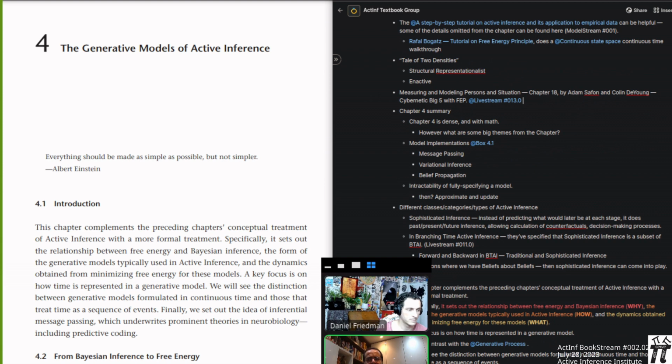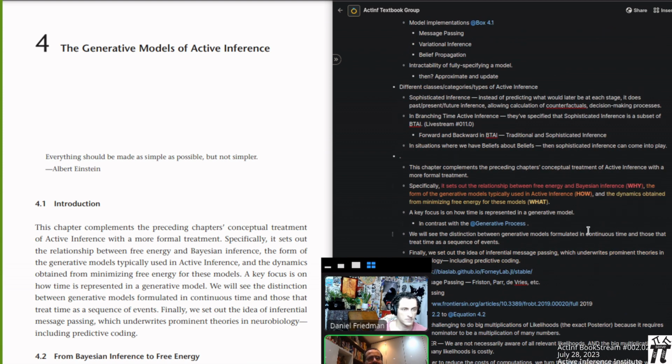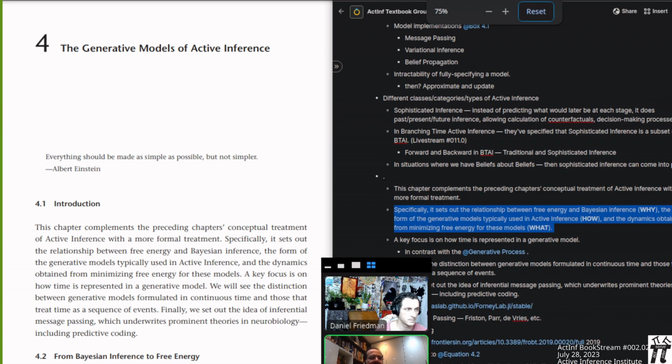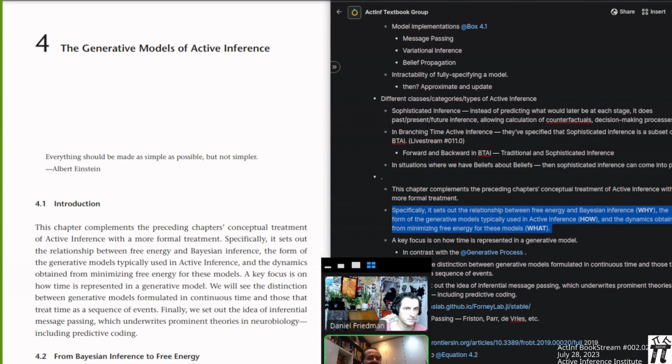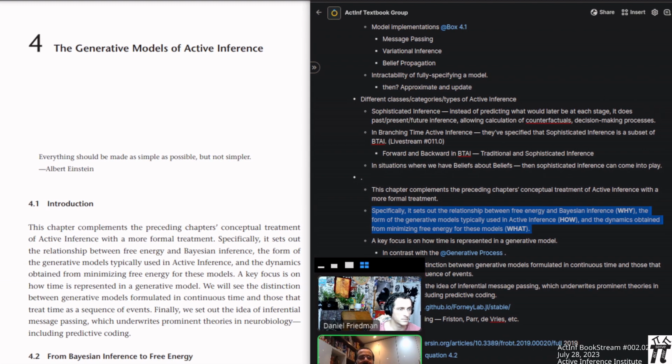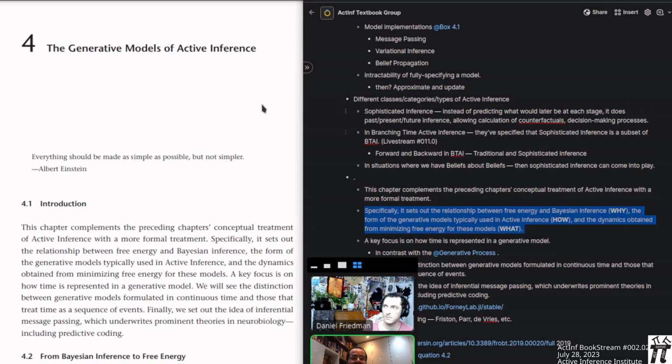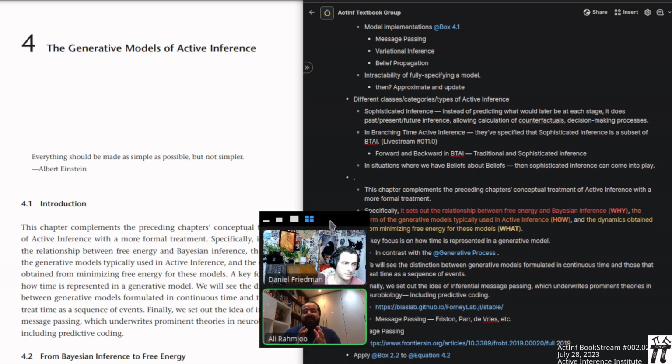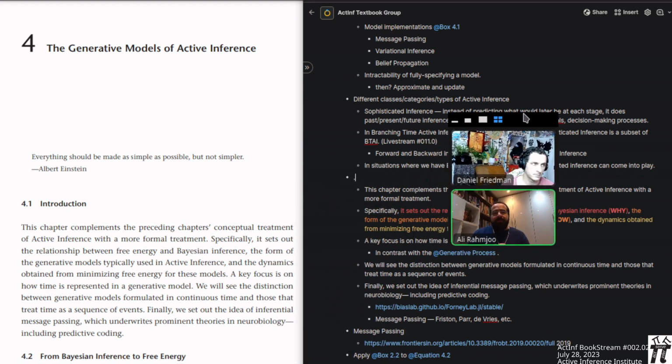So it lays out the foundation for constructing active inference models, both for discrete time and continuous time situations, which will be used later in chapters 7 and 8. But this is probably one of the most challenging and mathematically dense chapters in the book.